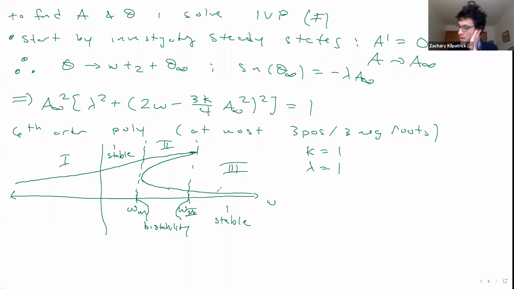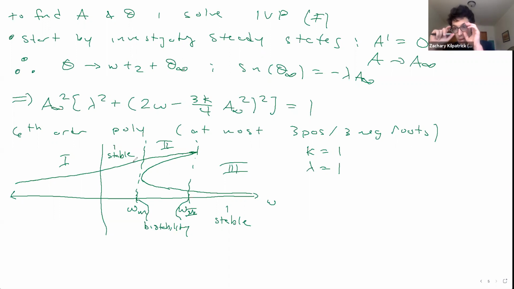If I then start to turn the forcing frequency down, I'm actually going to follow the lower amplitude for a while, until I leave this branch and I jump up to the stable branch over here that ends up being the higher one.